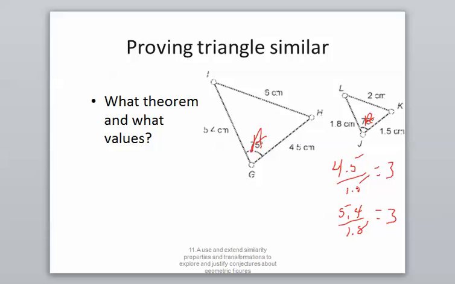So this side is in the same ratio as these two sides. And now just looking at what I've got written on both triangles, my theorem is going to be side angle side similarity. It's not that hard to come up with that. Cool?